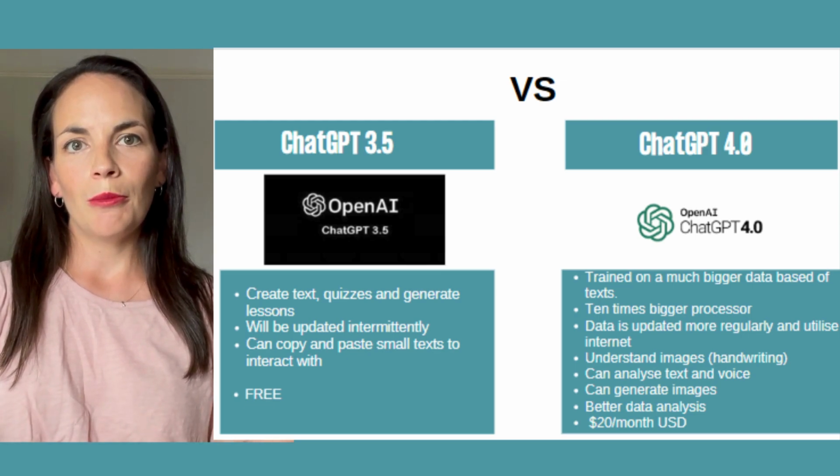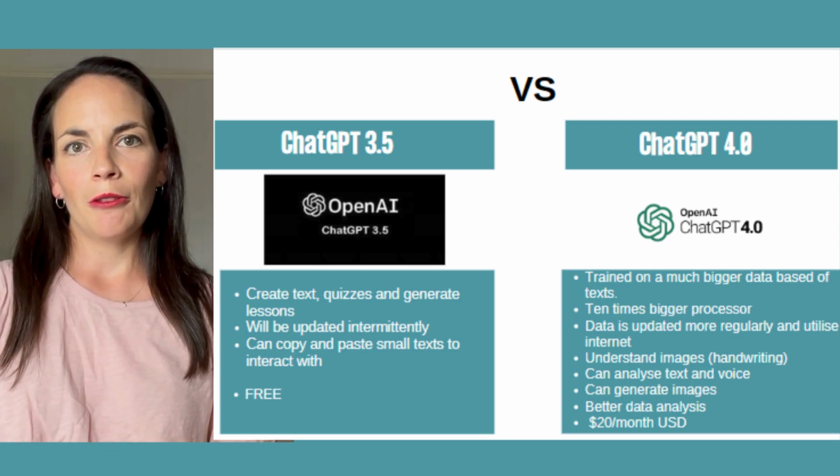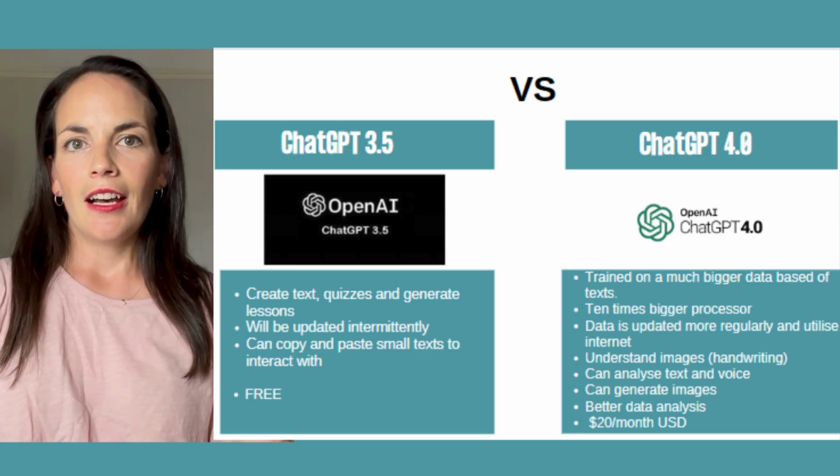The free version we'll be using, you can still copy and paste information into it, which you can then interact with. Also, if you're analyzing large amounts of data, ChatGPT 4 is going to benefit you. But overall, for just day-to-day tasks, I have found the free version works just fine.